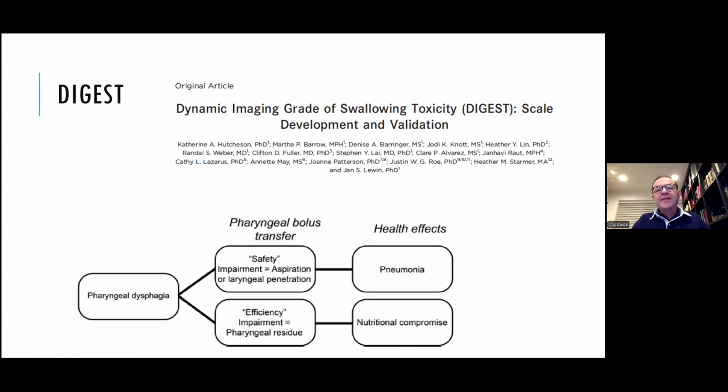Impaired safety means the patient is aspirating, and that can lead to chest infection, pneumonia, etc. And it looks at the efficiency, and impairment of that means there is pharyngeal residue. If that's severe, then the patient may not be able to meet their nutritional demands. They have a very restricted diet because they manage only specific consistencies.